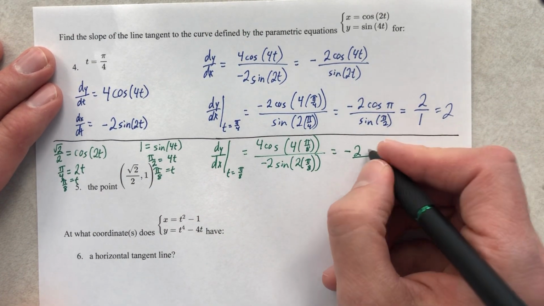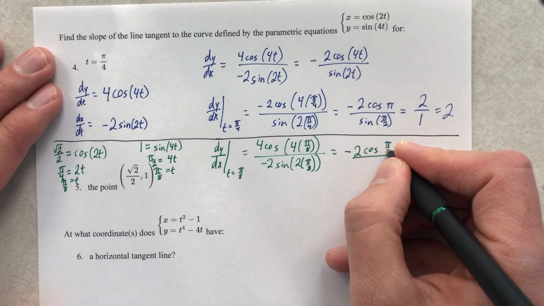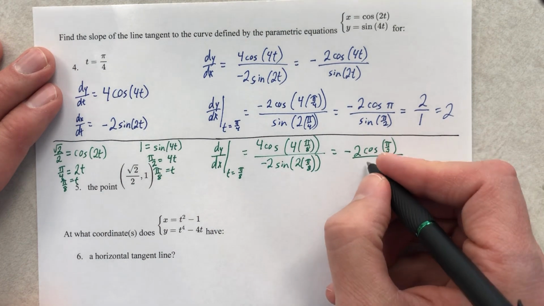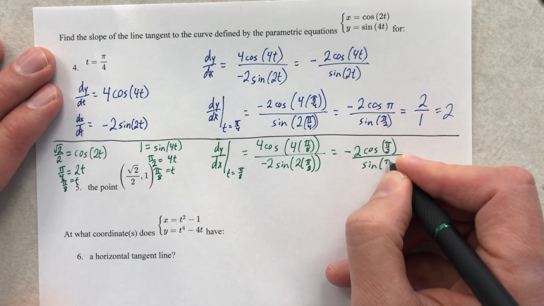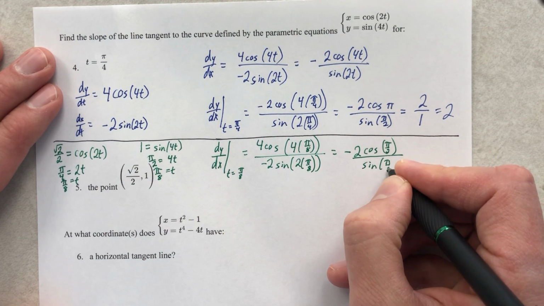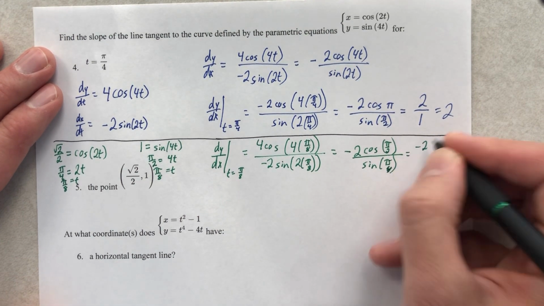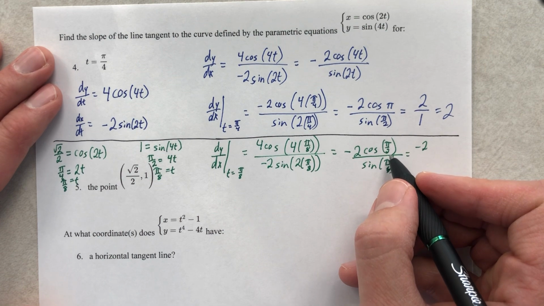So negative 2 cosine of pi over 2, and that is divided by sine of pi over 4. Sorry, my fault. Negative 2. Cosine of pi over 2 is 0.